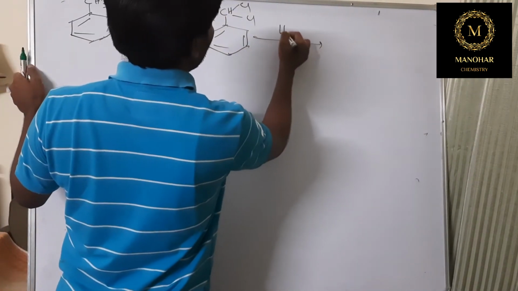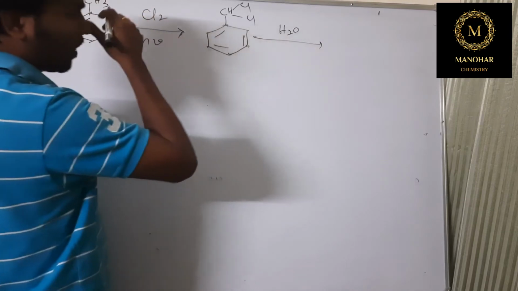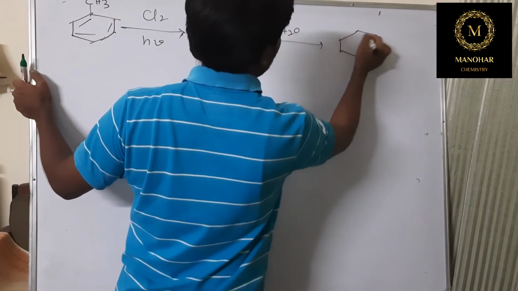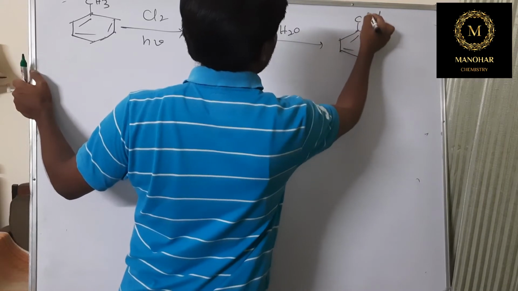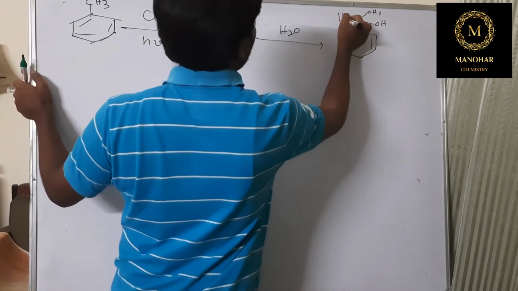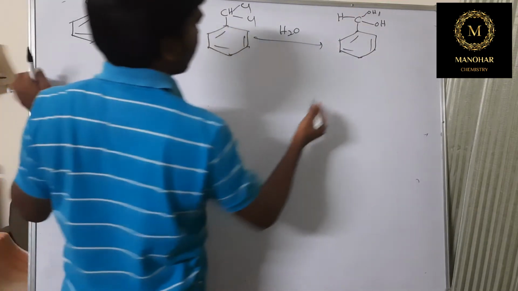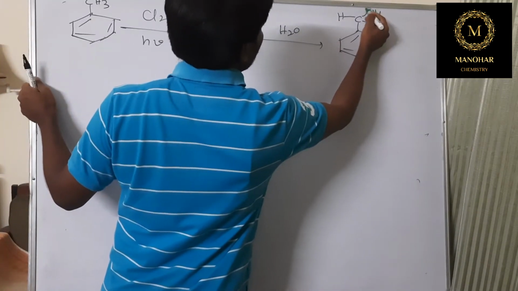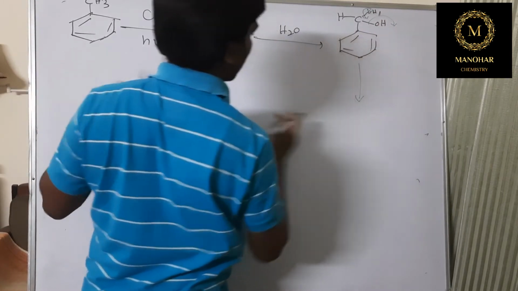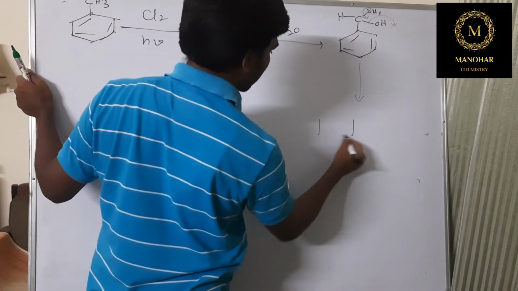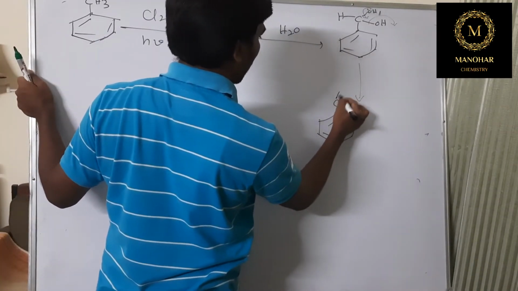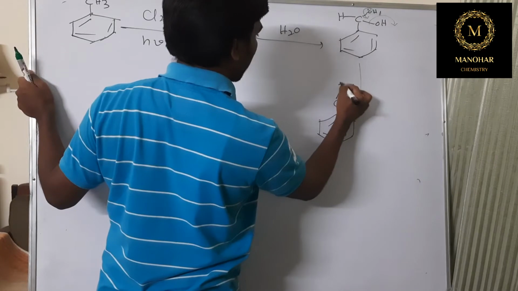When it reacts with water, or is hydrolyzed, these Cl groups are replaced by OH. It forms a diol, on the same carbon, which we call a gem diol. On the same carbon, two OH groups are present. Here this oxygen will shift its electrons and water is going to eliminate easily. Because of that, C double bond OH will form with a plus charge.